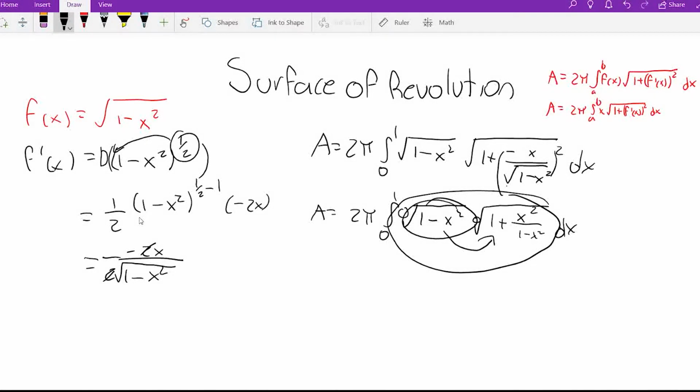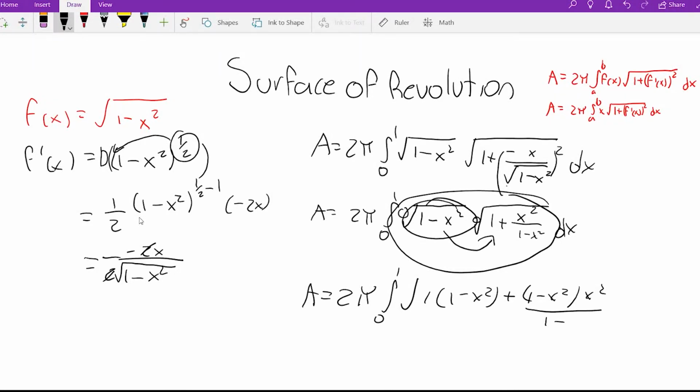So the result is going to be A is equal to 2 pi the integral from 0 to 1 of the square root of 1 times 1 minus x squared plus 1 minus x squared times x squared over 1 minus x squared. We close the square root times dx, and this is going to be cancelled out.